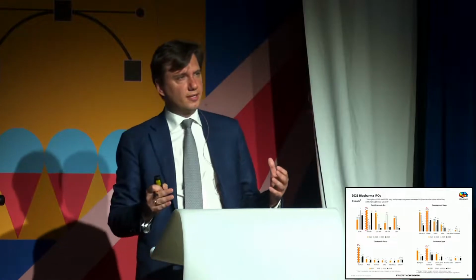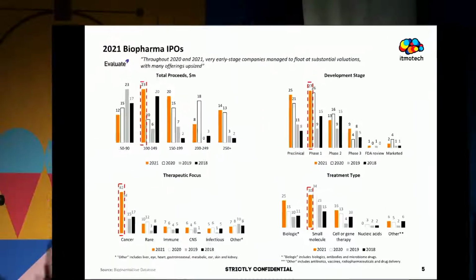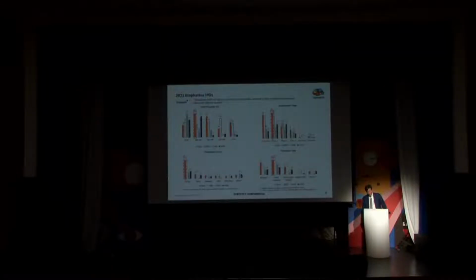The number of preclinical companies which don't have any data in humans and are going public successfully, raising funds for their programs, is growing. Of course, there are many more phase 1 companies going public. Anyway, it is very unusual that so many preclinical companies are going public these days.